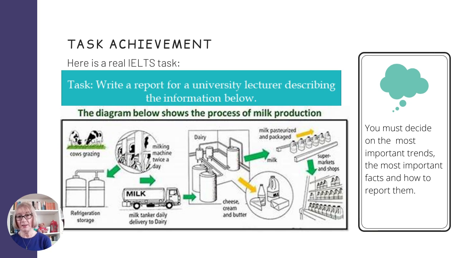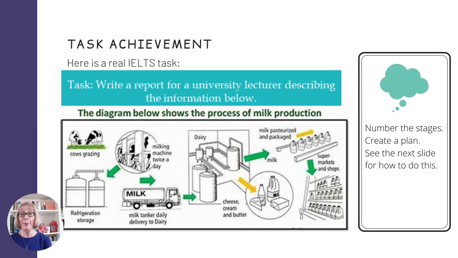But I hope you get the gist. You have basically got to decide on the most important features of the information or the data and summarise it in a written report. So that is the task, and if you achieve that, you are going to have gained a good score out of that 25% portion of marks.